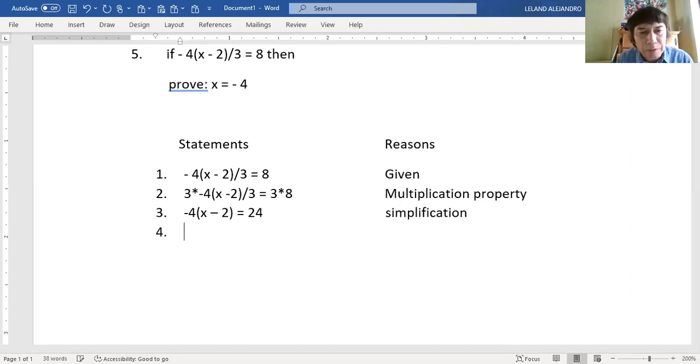And so we can now just divide by the negative 4 this time, because 24 is divisible by the 4. So we can have division right here. And this is x minus 2. We are going to divide this by negative 4. And the right side is also divided by negative 4. And so we're going to have something like division property over here.